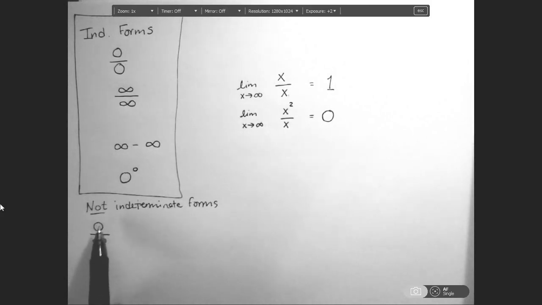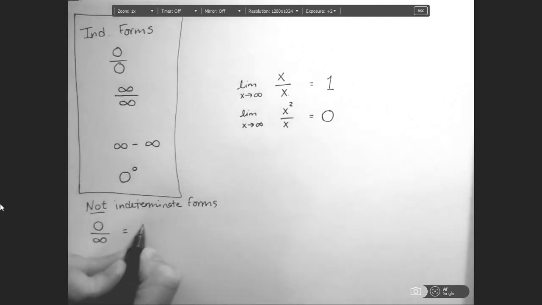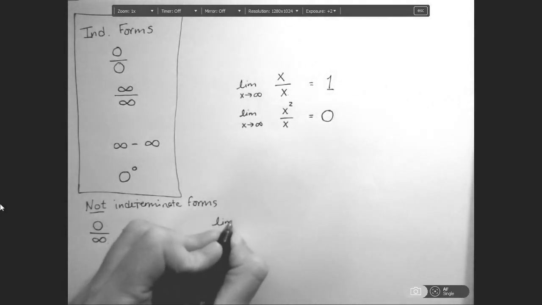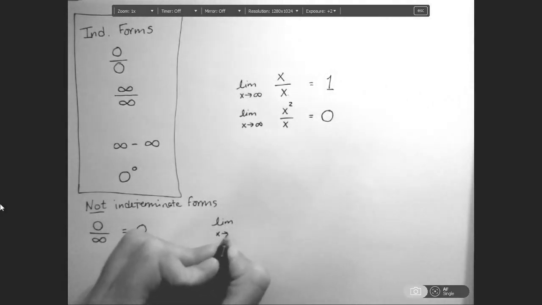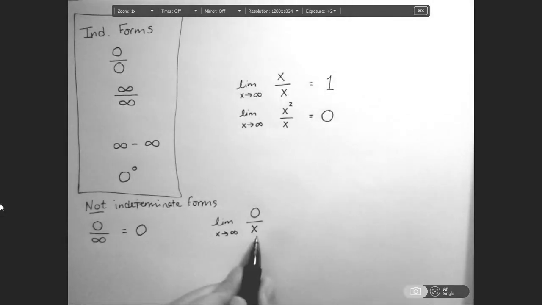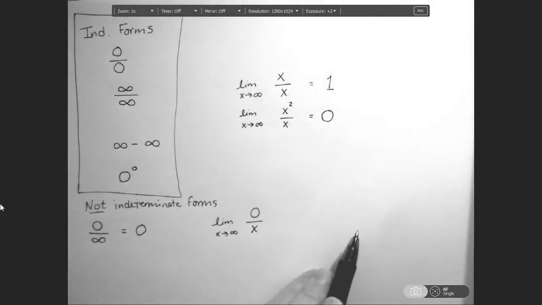If my numerator is 0, I'm taking 0 divided by some number, and this is going to be equal to 0. So for example, if I'm taking the limit as x approaches infinity of 0 over x, it doesn't matter what value of x I plug in, I'm going to get 0 every single time, a long row of 0, 0, 0, 0, 0, 0. Thus, this is not an indeterminate form.